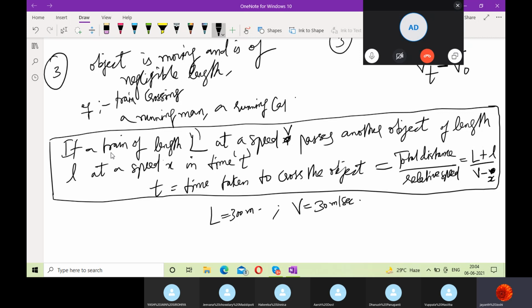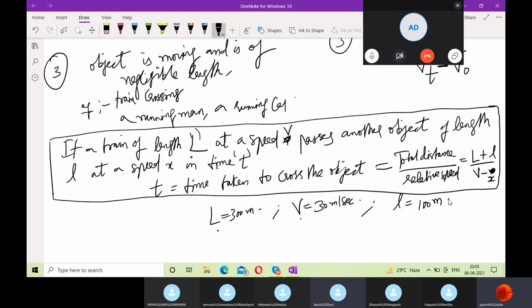So length of the train L at a speed v, length of the train, speed of the train, passes another object of length L. So the length L I'm speaking about is, suppose, length of the platform. It's like 100 meters for example.